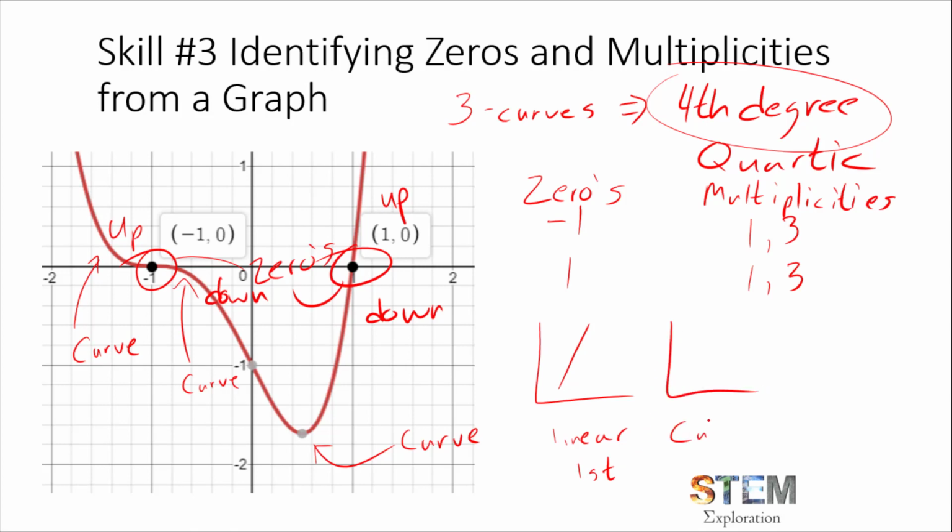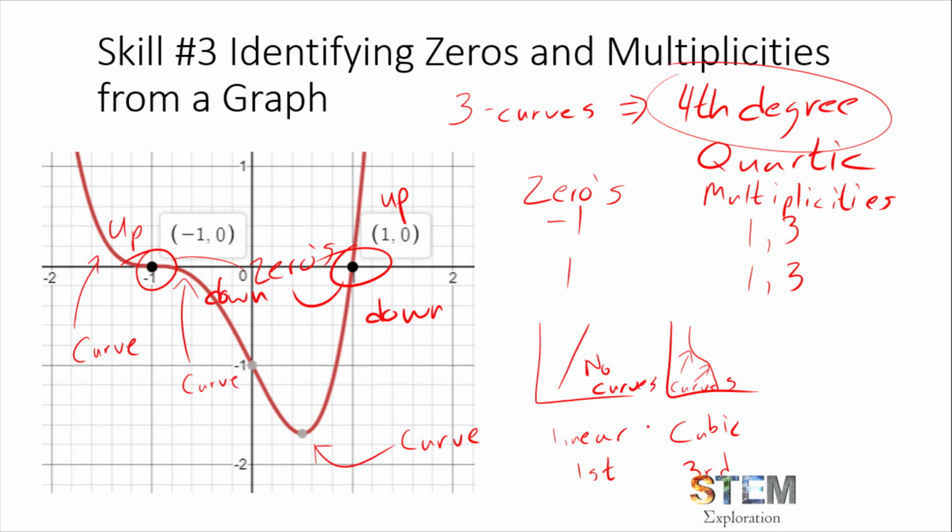And a cubic, which is third order, tends to be a little smushed and then goes down. So there are those two curves that are there. And with a linear function, there are no curves.